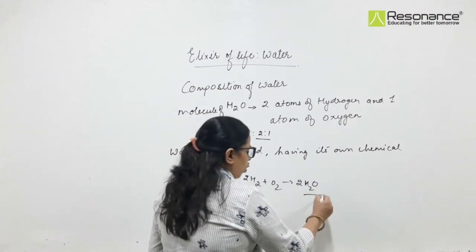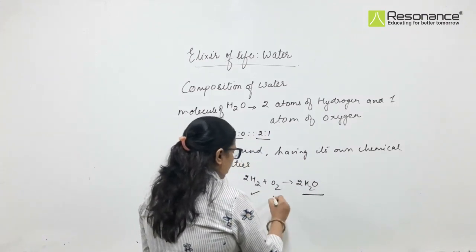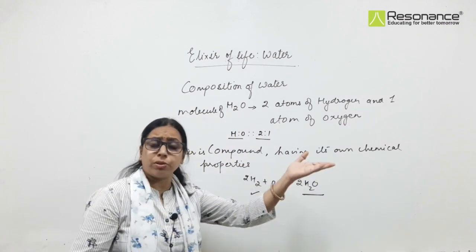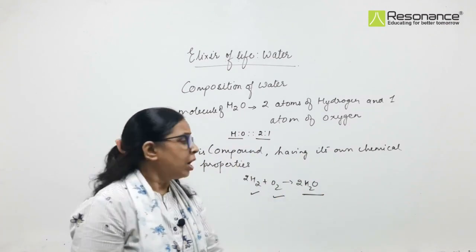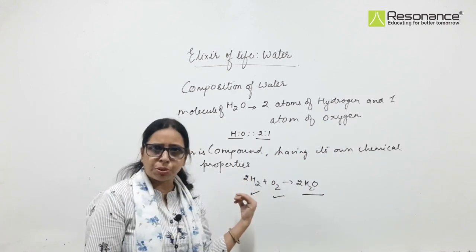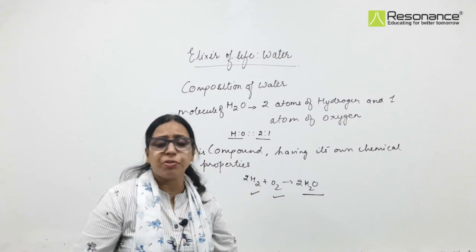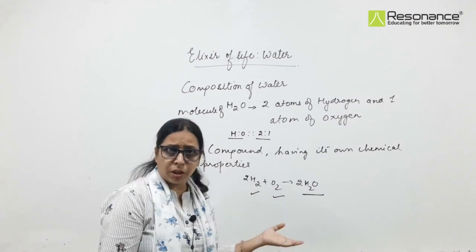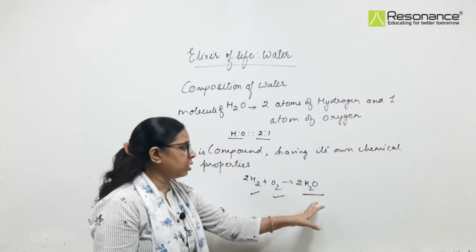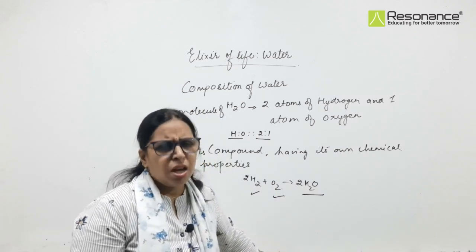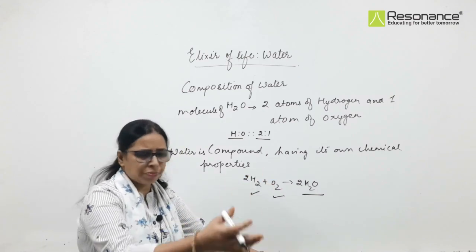Now this molecule of water, which is formed by hydrogen and oxygen, does not carry any property of hydrogen or oxygen. Let's say hydrogen is a combustible substance, it burns readily, giving an enormous amount of energy. Oxygen supports burning. On the contrary, water is used as a fire extinguisher. This was one property, and there are many.